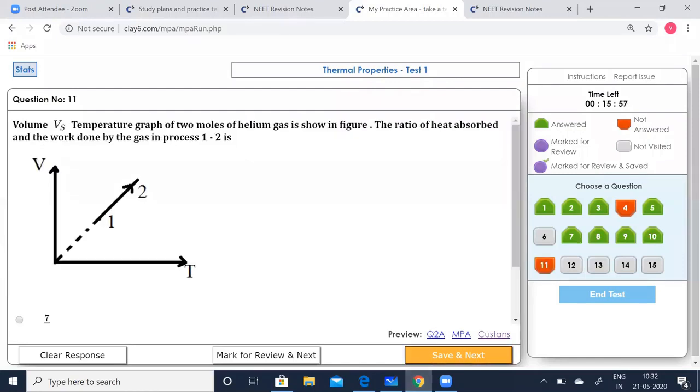Go to the next. Again, a graphical question. Volume versus temperature graph of 2 moles of helium gas is shown here. The ratio of heat absorbed and the work done by the gas in the process 1 to 2 is what? You'll have to analyze this question properly.